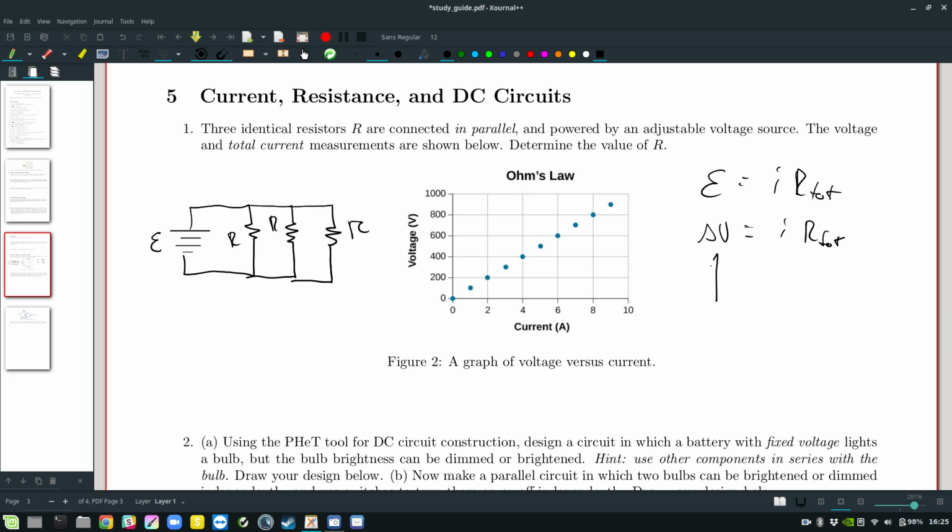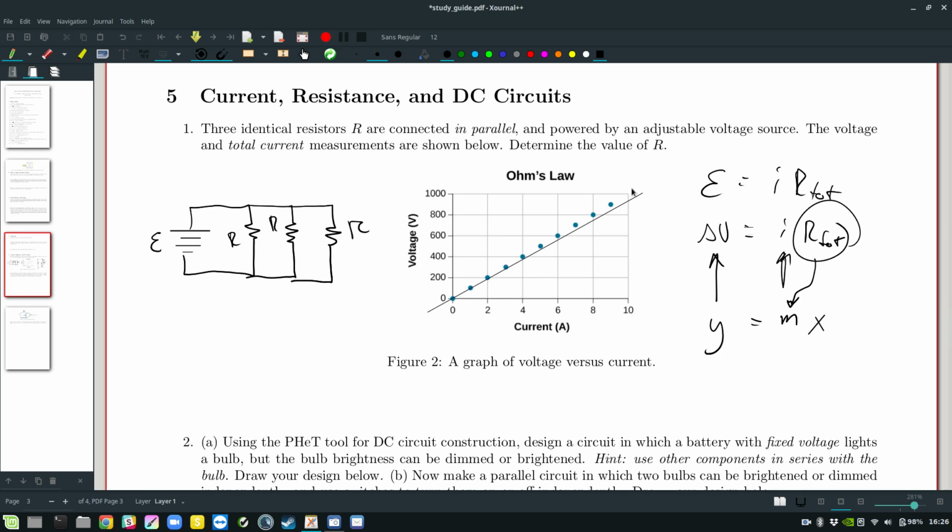If the y variable is placed on the y-axis and it's the voltage, and the x variable is placed on the x-axis, and that's the current, then the slope should be the resistance, the total resistance. So from this graphical data, we can know the total resistance.